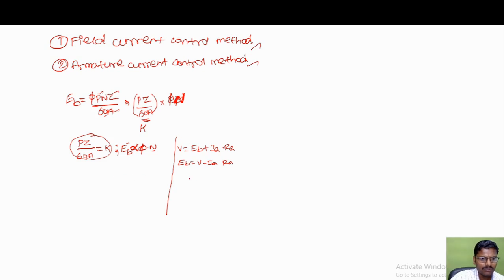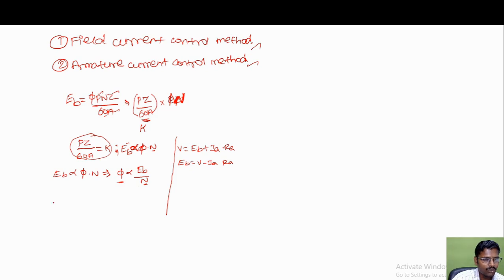Now from this I'm going to write the expression EB directly proportional to phi into N as phi directly proportional to EB divided by N, right? So from this expression, if the speed increases, then phi reduces. If phi increases, then speed reduces.